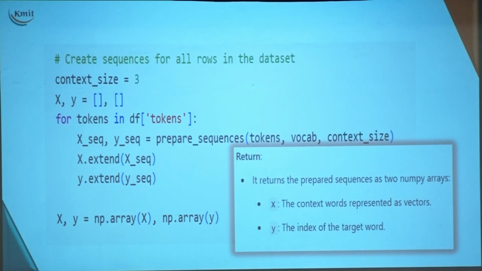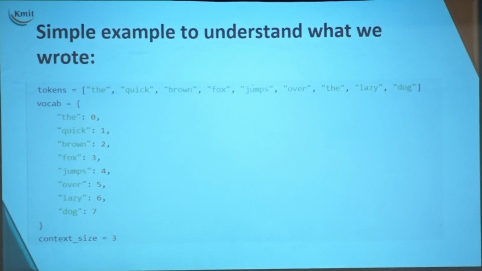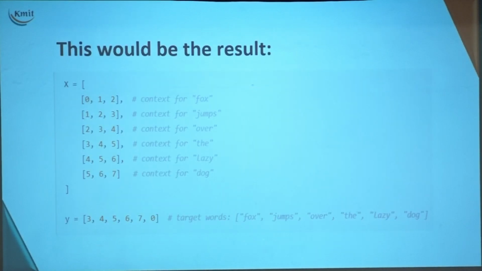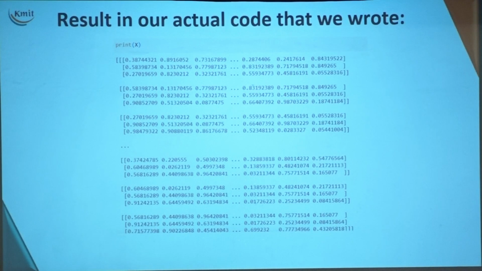I think we can skip this. I have explained you this. So this is what X looks like if you print it. As I told you, X is a NumPy array, and it is holding all the vectors that are relevant to your context words. Okay?